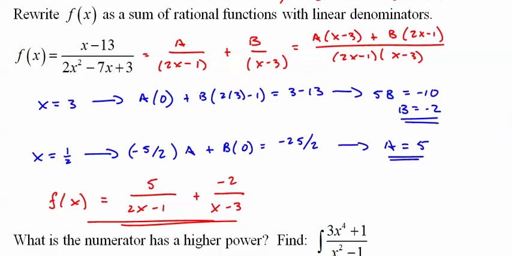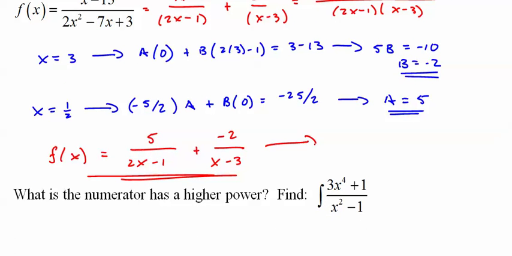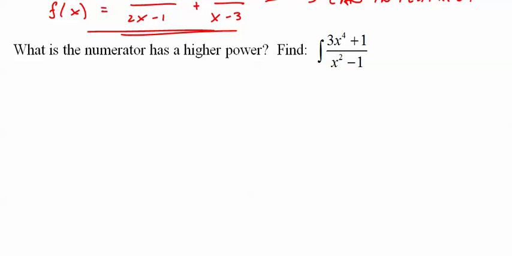So why would you do that? Well, now we can integrate it. It's usually going to be a natural log. You'll see that in a moment. So now we actually write it down with an integral.